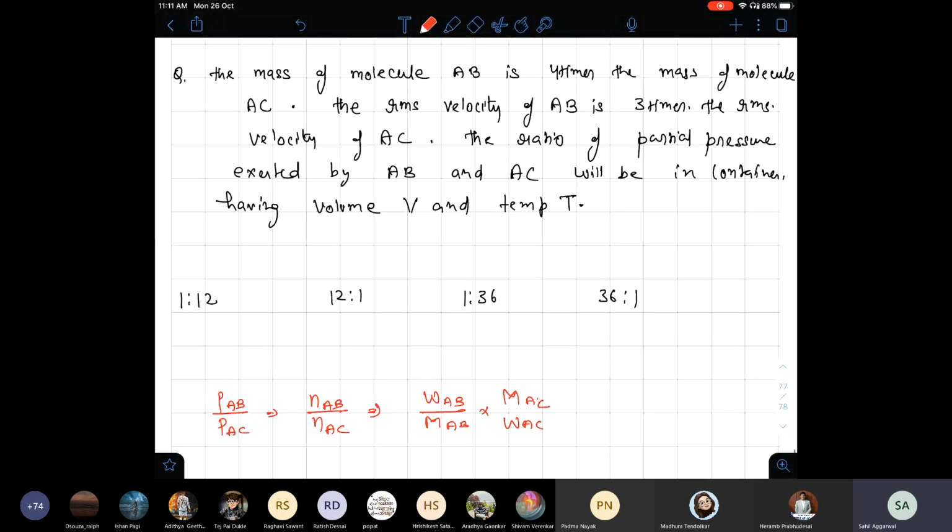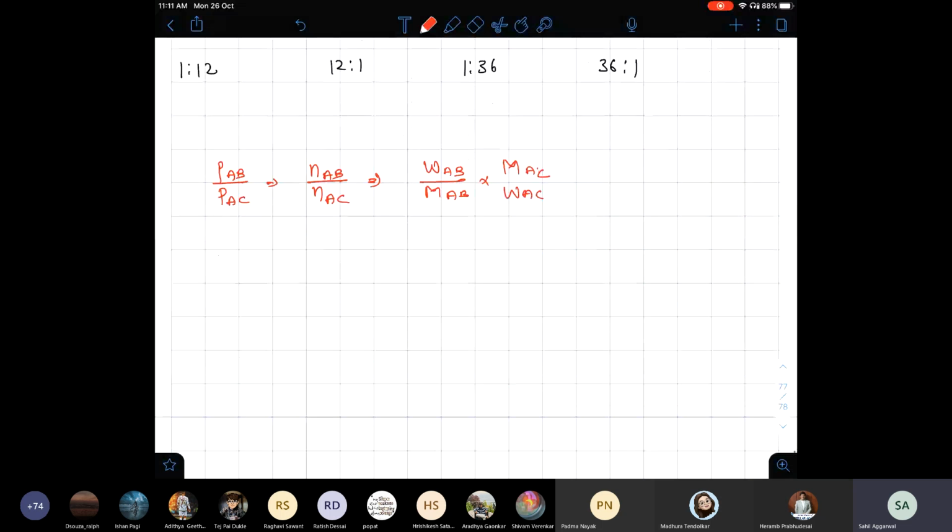Now mass ratio is given. Mass of molecule AB is 4 times the mass of AC.